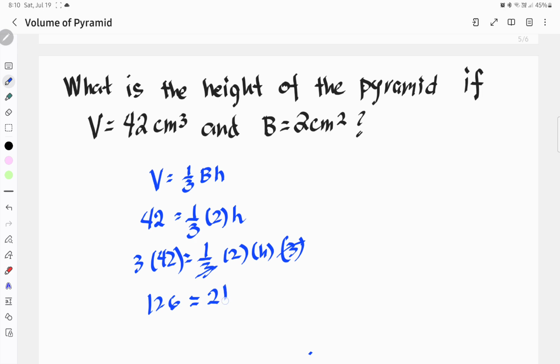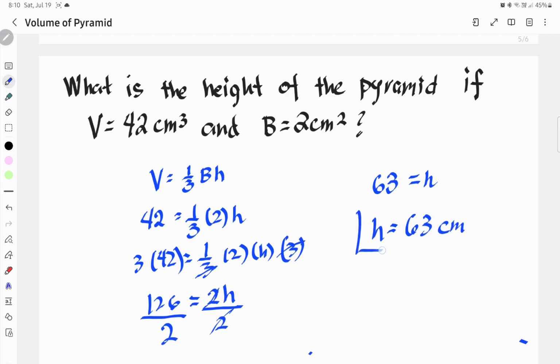So we have 2h, and then divide both sides by 2. So that would be 63 as our height. So our height would be equal to 63 centimeters.